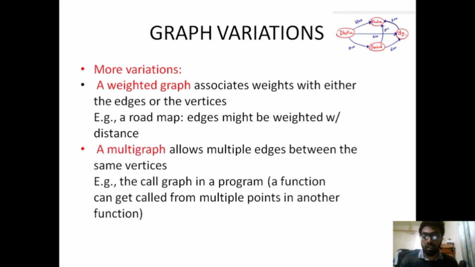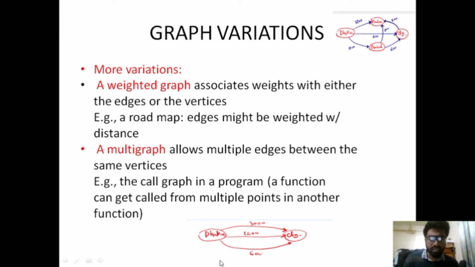The next one is a multiple graph. A multiple graph allows multiple edges between the same vertices. We can see an example there. That graph has 2 vertices, Dhaka, Chittagong. The 2 vertices have 3 edges.